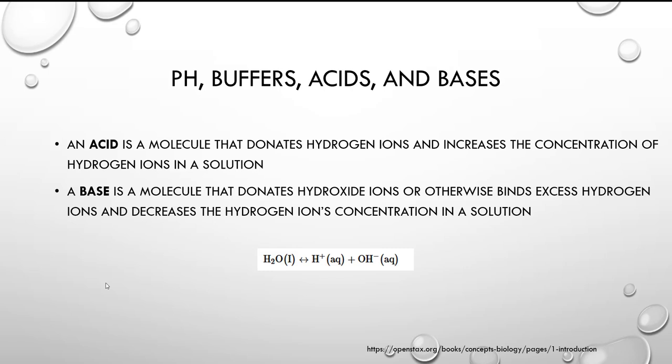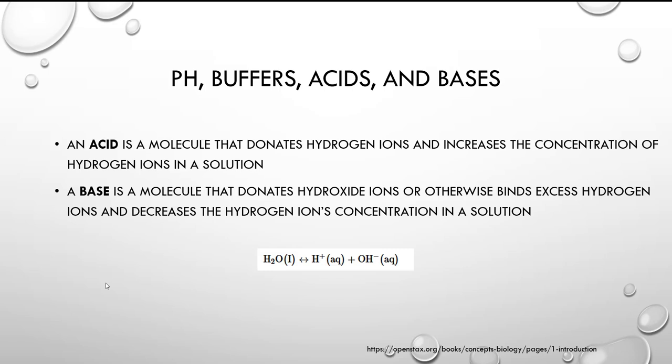An acid is a molecule that donates hydrogen ions. Okay, so that basically means that when you add an acid into a solution, it will actually increase the concentration of hydrogen ions in that solution. So it'll make it more acidic.